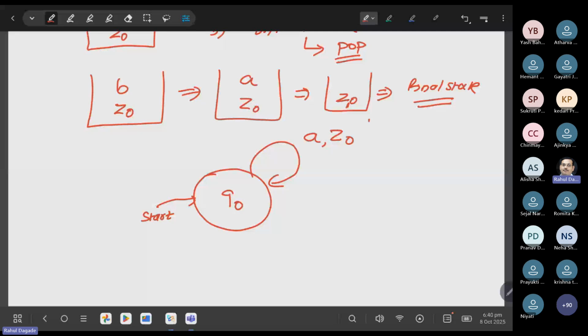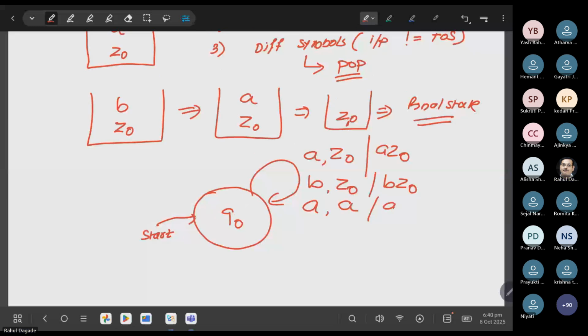When I see A as an input and A is on stack, that is same symbols are there, and I'll push that on stack. When I see B as an input and B is on stack, then also push it. Okay, so these are push operations.